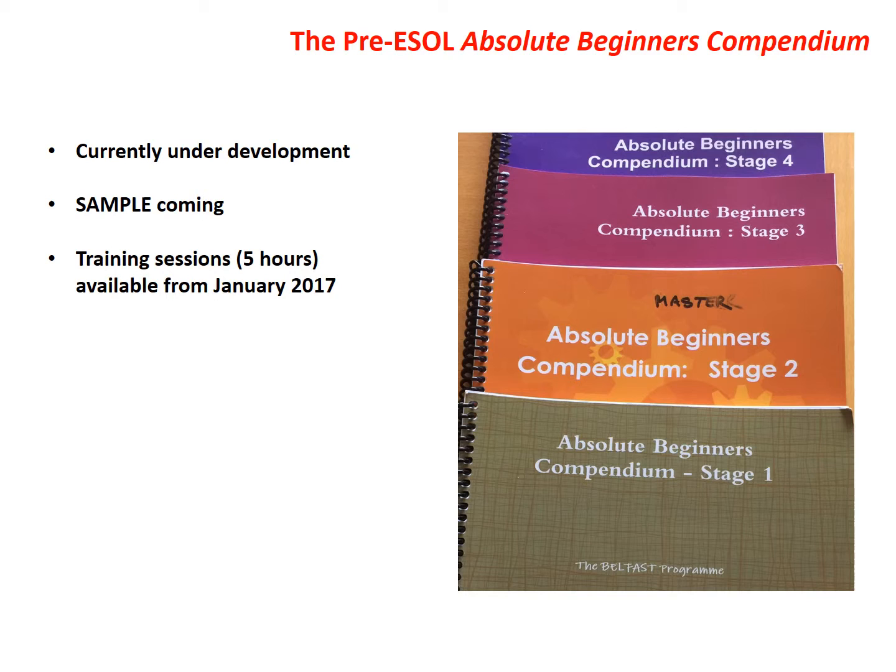What we have been doing is currently documented in a series of 5 stages that are under development. Access to this will be available to those who are able to complete a training session from January 2017 onwards.